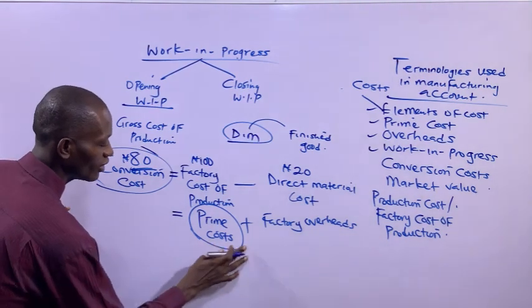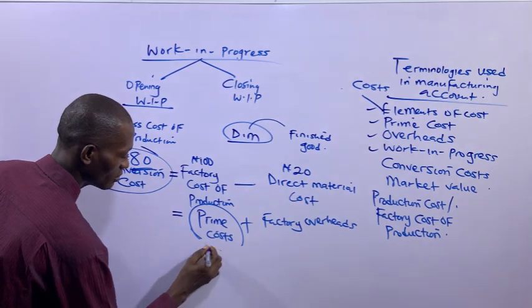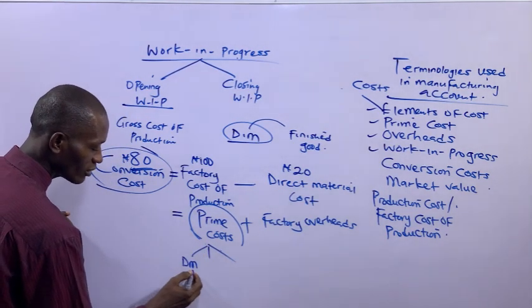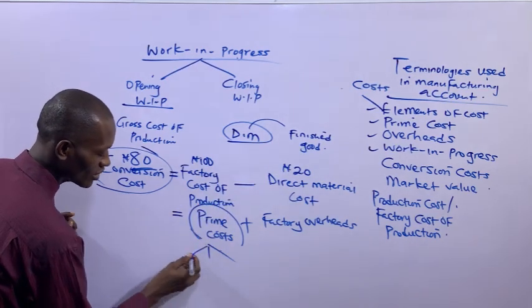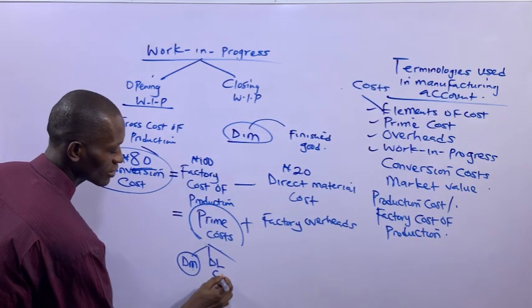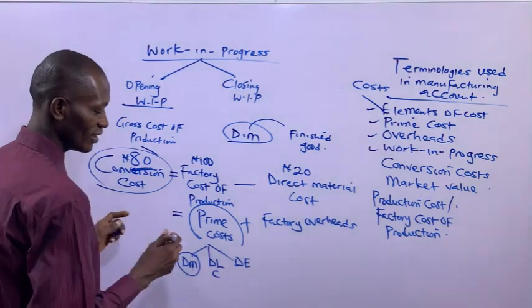So here now, if you have this prime cost split into three, you will have direct material, which we already have. Since you already have this, then you will add direct labor costs and direct expenses.